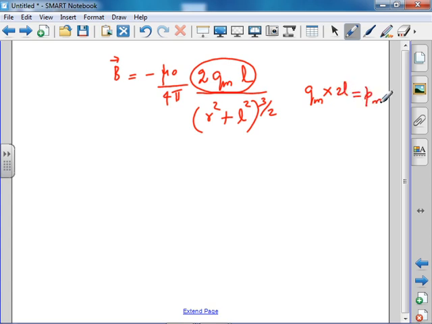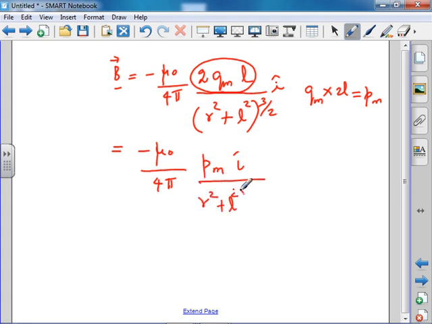What is this? Magnetic dipole moment. Here it is i cap. Since we have written in vector notation, i cap is to be included. So shall we replace this? It is mu naught by 4 pi Pm i cap divided by r squared plus L square the whole power 3 by 2.